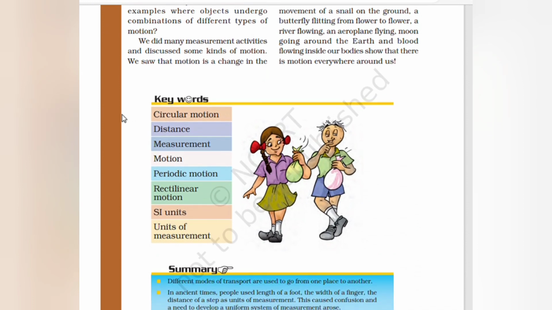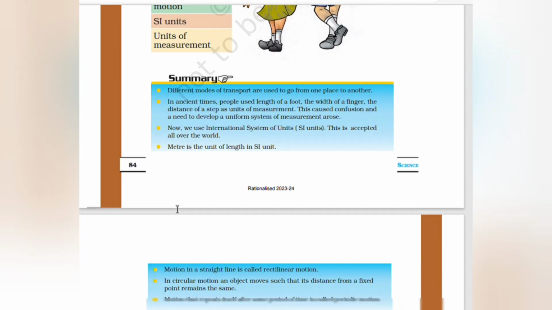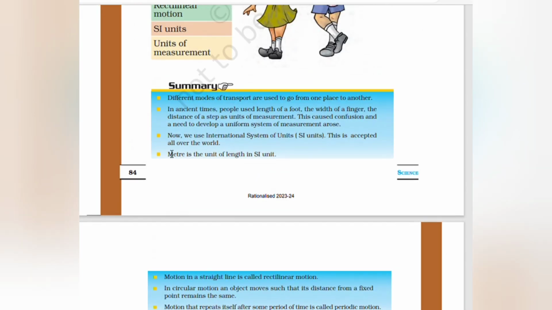Keywords: circular motion, distance, measurement, motion, periodic motion, rectilinear motion, SI units, units of measurement. Summary: different modes of transport are used to go from one place to another. In ancient times, people used length of a foot, width of a finger, the distance of a step as a unit of measurement. This caused confusion and a need to develop a uniform system of measurement arose.